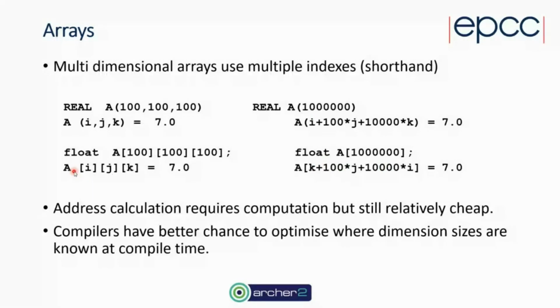So this is equivalent to this over here, except this is quite nasty and easy to make mistakes in. So it's nice to prefer multi-dimensional arrays. There is some address calculation required here, but it's exactly the same as the address calculation required over here. So you're not really saving anything in any one of these forms.